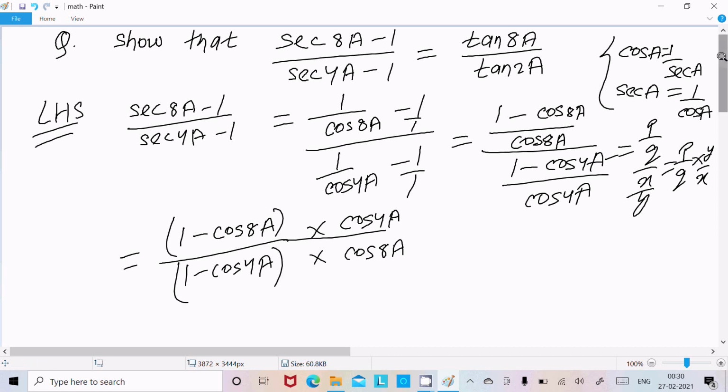Now here we need to make this in the form of tan. So cos is already there. Now we need to change this into sine form, this one also in sine form.